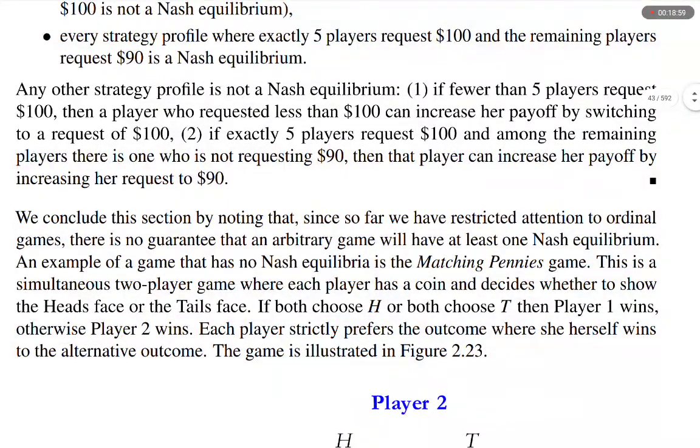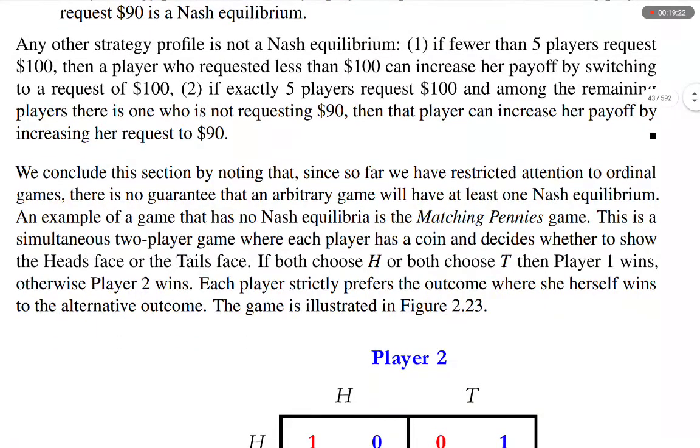Every strategy profile where exactly 5 players request $100 and the remaining players request $90 is a Nash equilibrium. Any other strategy profile is not a Nash equilibrium. 1.